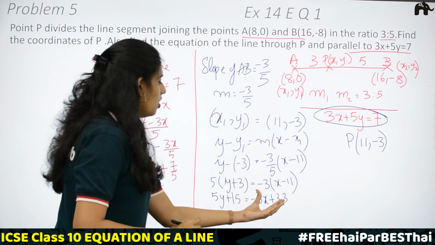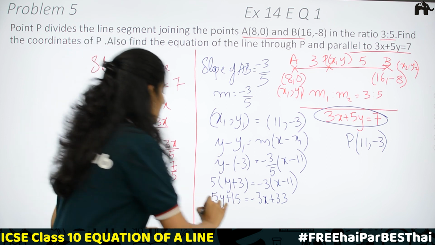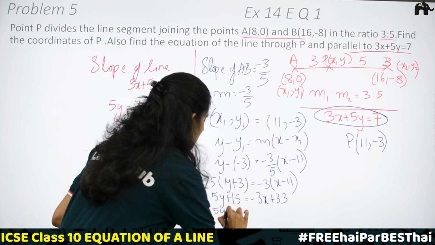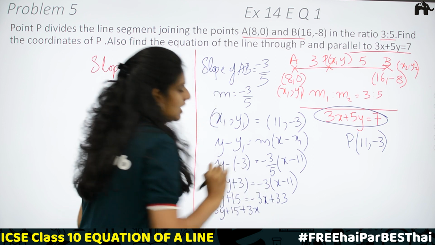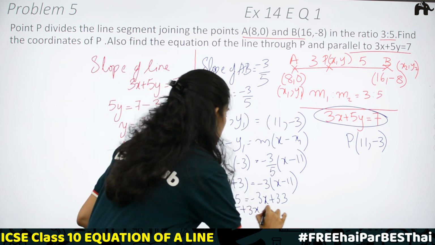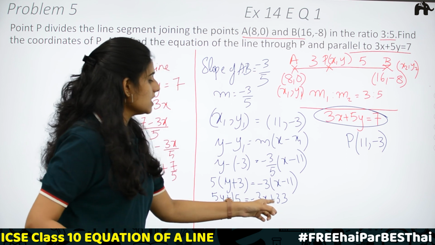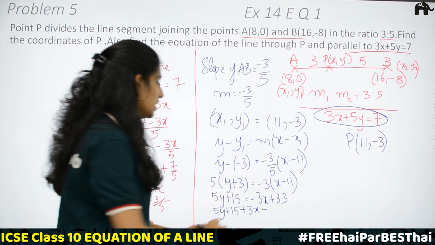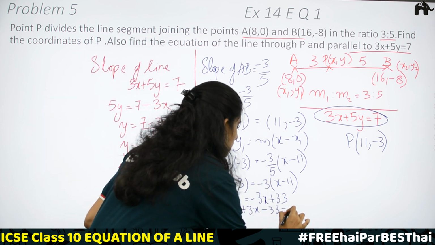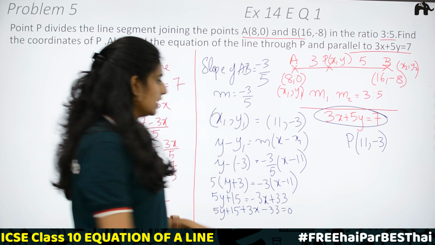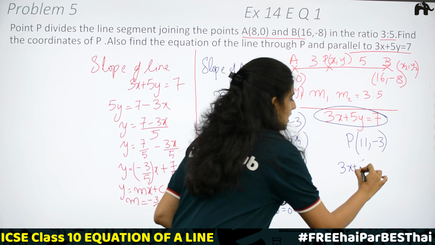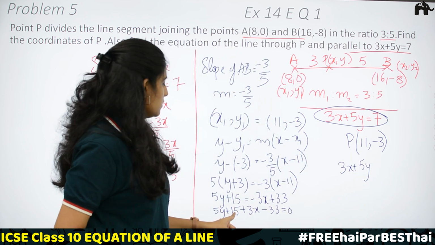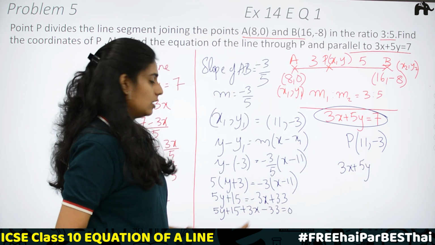Okay, taking all the terms to the left hand side, we get 5y plus 15 plus 3x, minus 3x becomes plus 3x, and plus 33 taken to the opposite side becomes minus 33 is equal to 0. Or we can write this as 3x plus 5y plus 15 minus 33. What do we get?